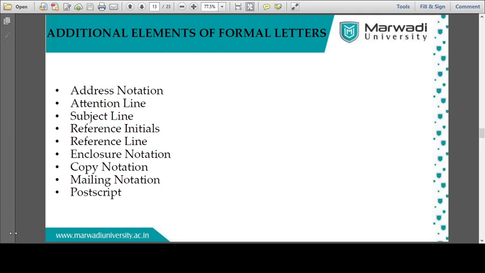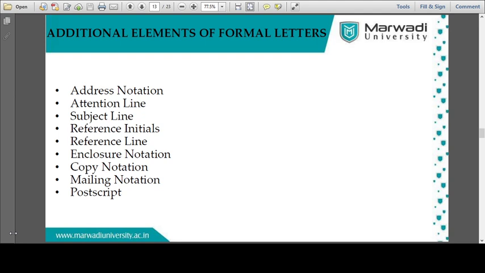One example I can give is ABC oblique RSK, or if I take my initials, then VDM oblique the initials of the other person who has drafted the letter.